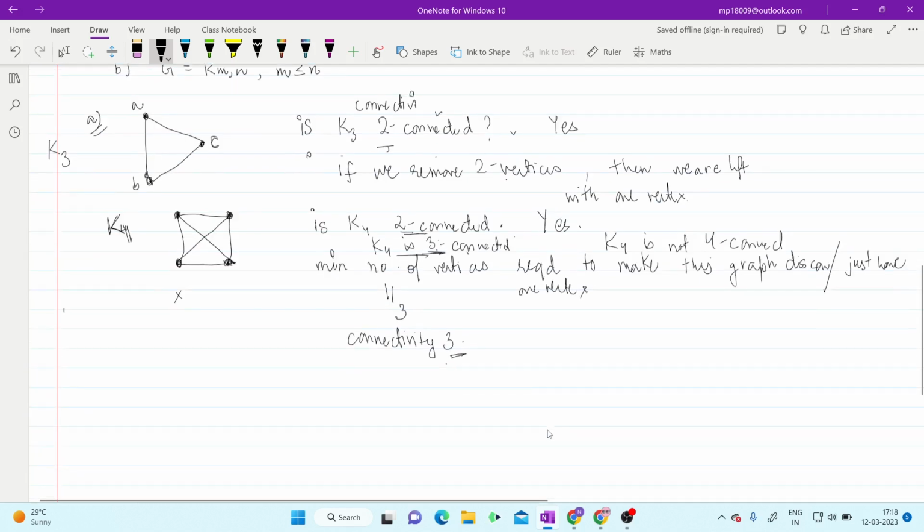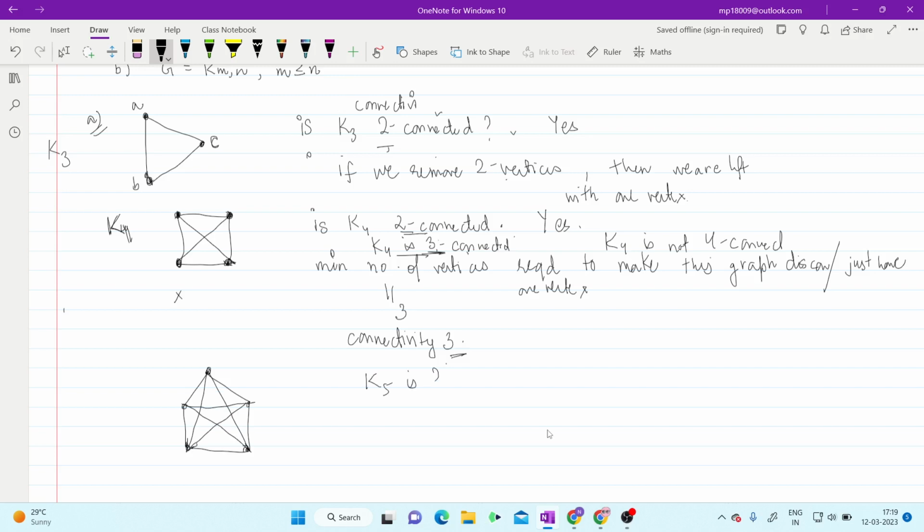And similarly, if you see K5, this is K5. You will see that K5 is 2 connected, 3 connected, 4 connected, but since it has 5 vertices, it is not 5 connected.